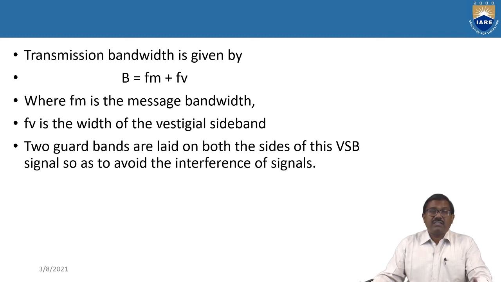But in vestigial sideband we are sending FM plus FE. FE is the width of the vestigial sideband and FM is the message bandwidth. Again, when VSB is compared with SSB, SSB has only one sideband, so that is FM. And 2 guard bands are laid on both sides of this VSB. Why this guard band? That is to avoid interference of signals.